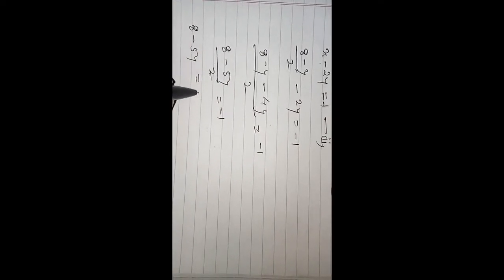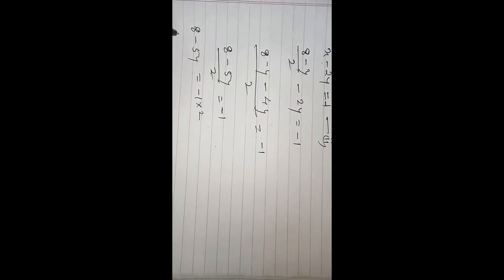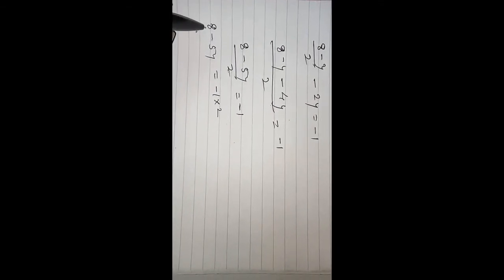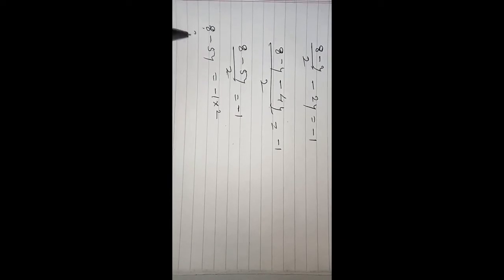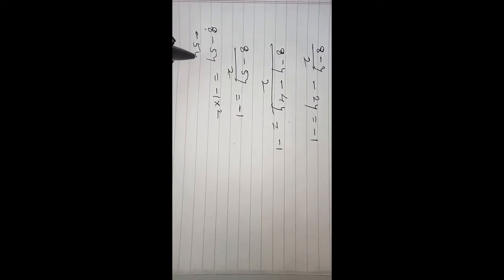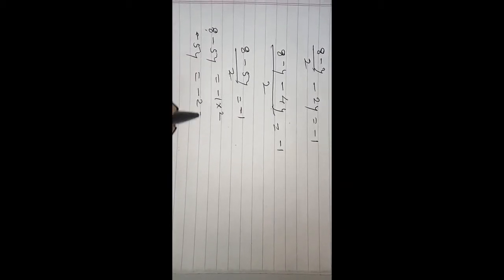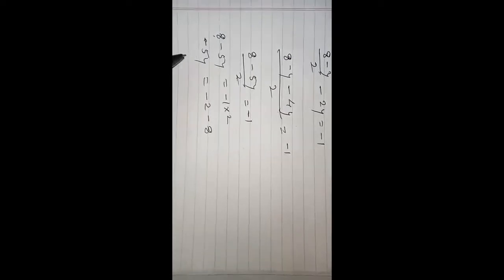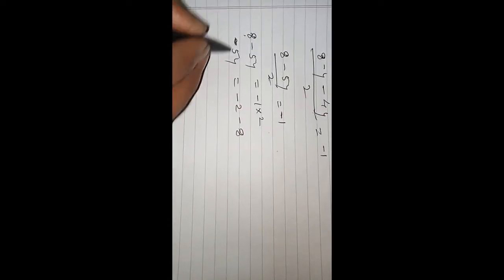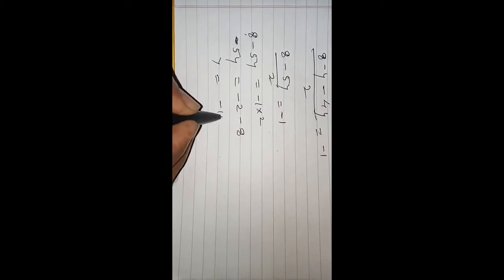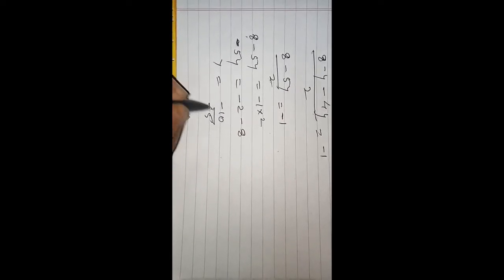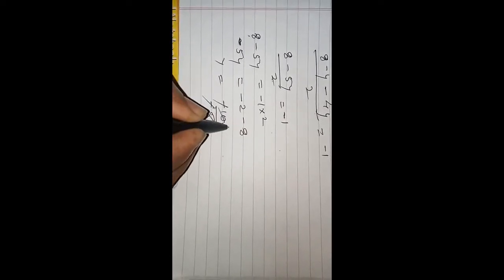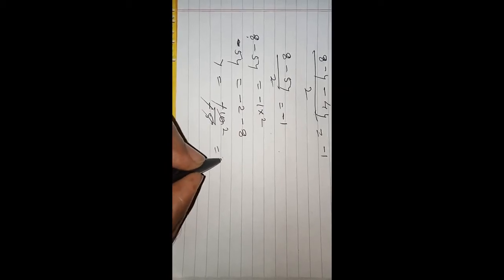So 8 minus 5y is equal to minus 1 into 2. Now transposing plus 8 to the RHS, minus 5y is equal to minus 2 minus 8. Now y is equal to minus 10 upon minus 5. Minus minus cancel, 5 twos are 10. So y is equal to 2.